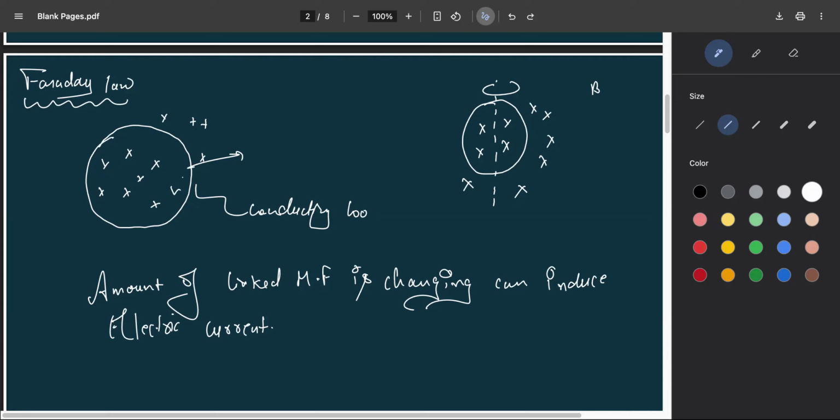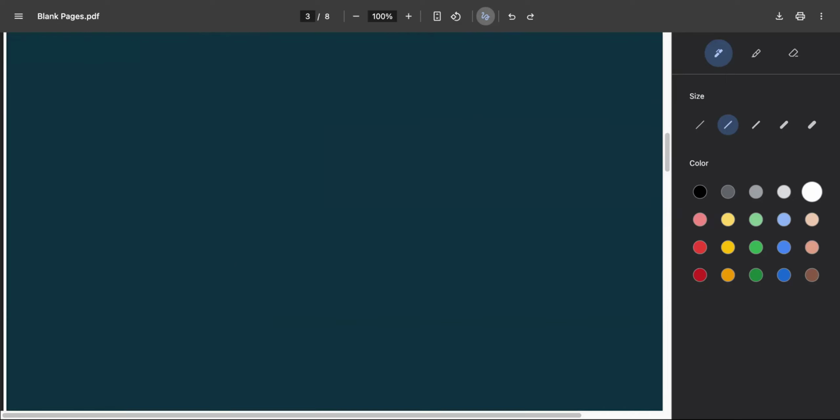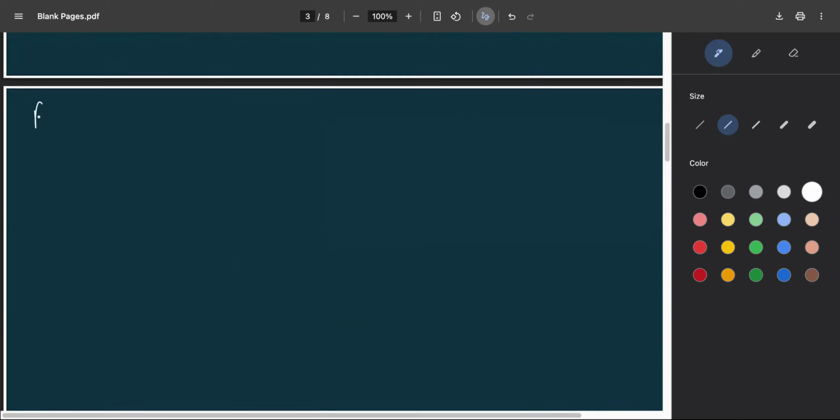So what are the two main things he said? Observation is a law.